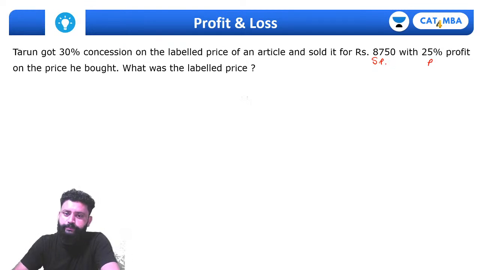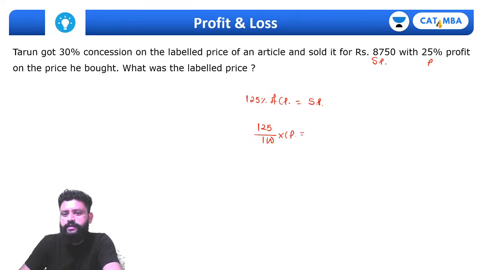So that simply means 125% of his cost price must be that selling price, the 8,750. So 125 upon 100 into cost price must be 8750. And if you solve this, it's really easy. 5 by 4, if we divide by 5, it will be 1750 into 4.